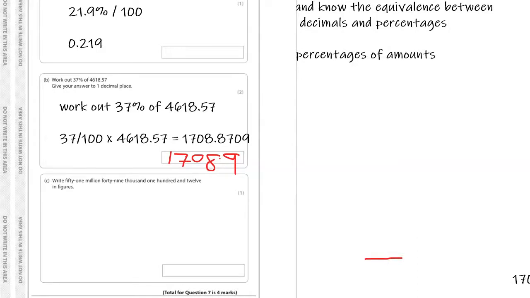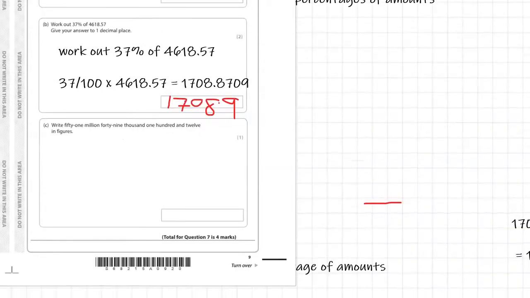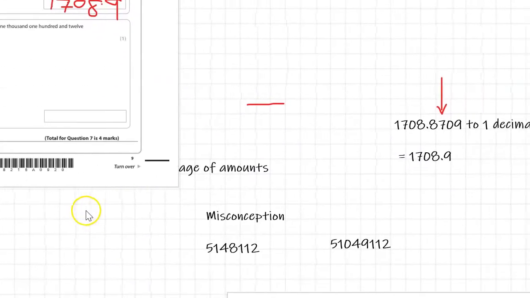It says write, and it's given it in words. Obviously, when I say it, it's not in words, it's verbal, but write 51,049,112 in figures. Now, the best way I can analyse this and break this down a little bit is to say what they're getting at.